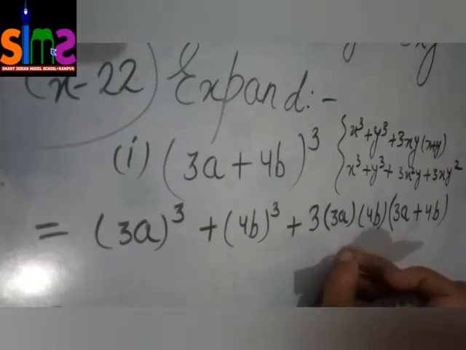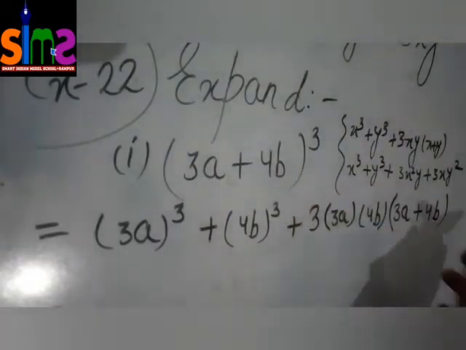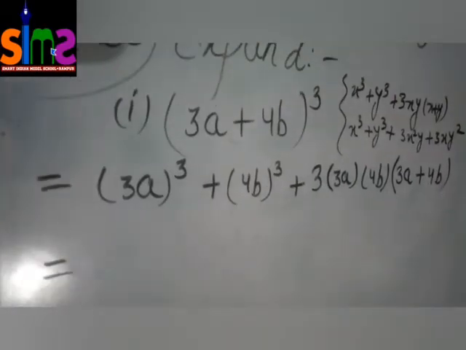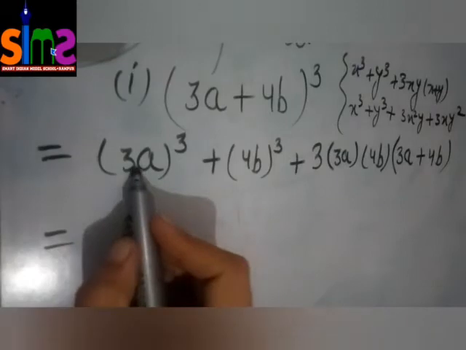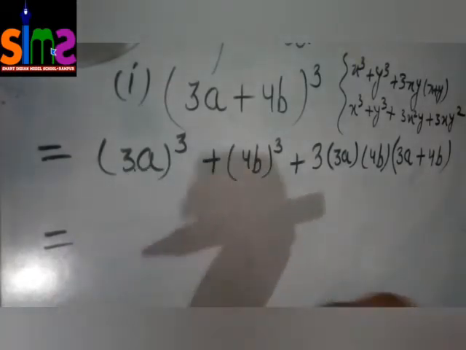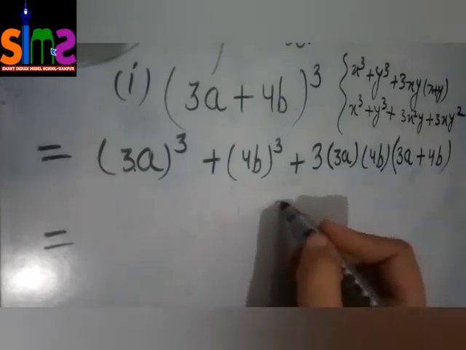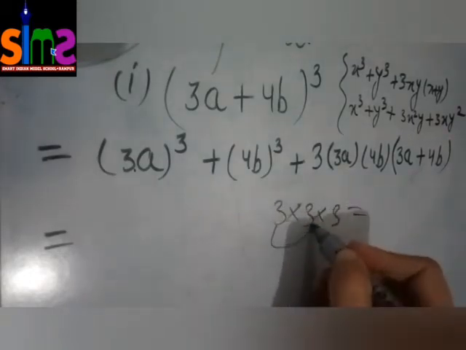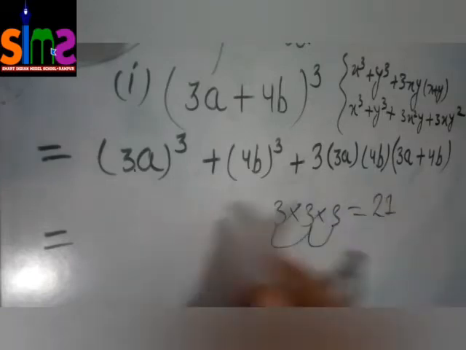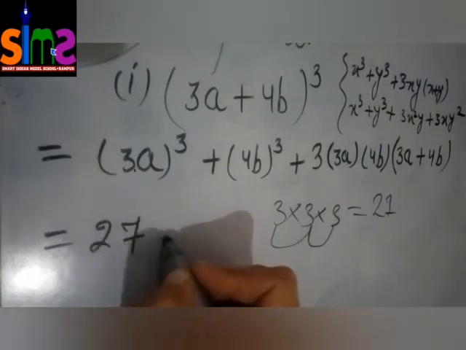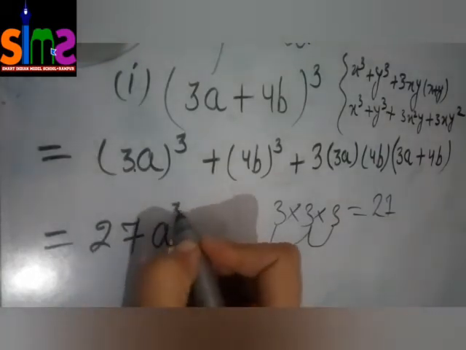First we will solve it, then in our next step we will multiply to this bracket. So our next step will be the whole cube of 3a. The whole cube of 3a means to multiply 3 times to itself, means 3 into 3 into 3. That is 3 3 is 9 and 9 3 is 27. So the whole cube of 3a will be 27a cube.